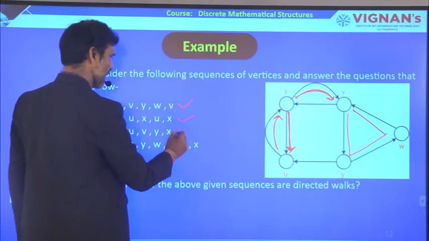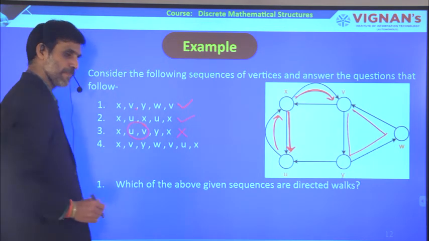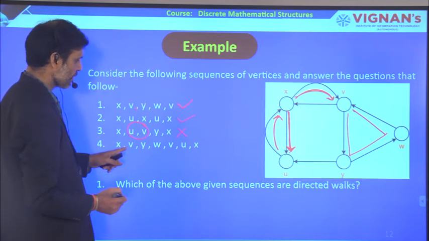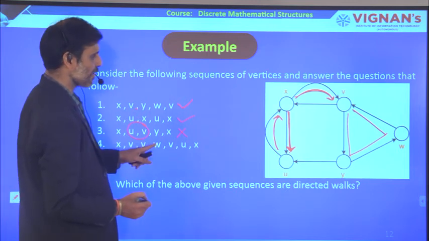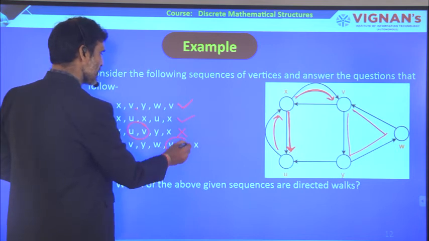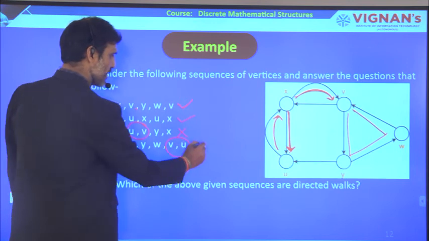Therefore it is not a directed walk, because there is no edge in between u and v. Then x to v, v to y, y to w, w to v, and then v to u is given. There is no edge from v to u. Therefore it is not a directed walk.